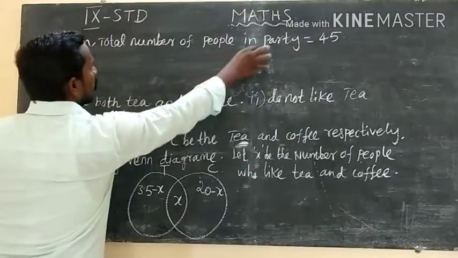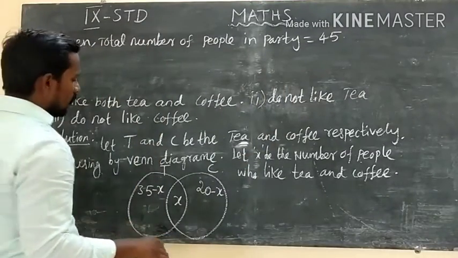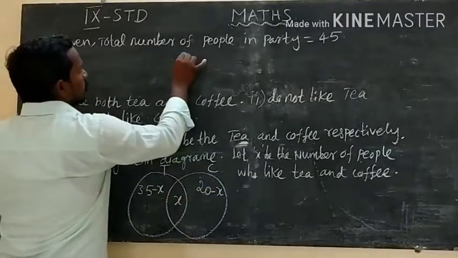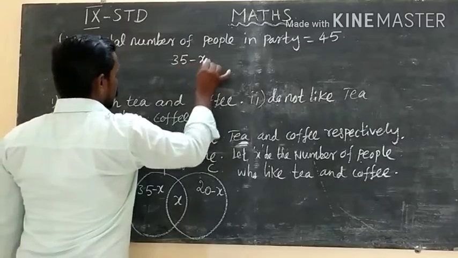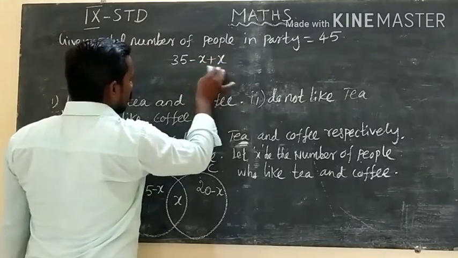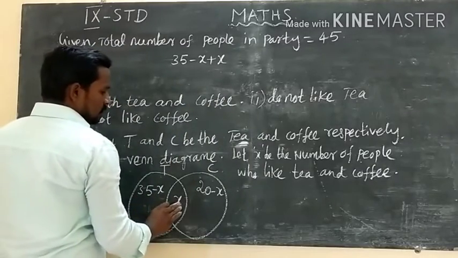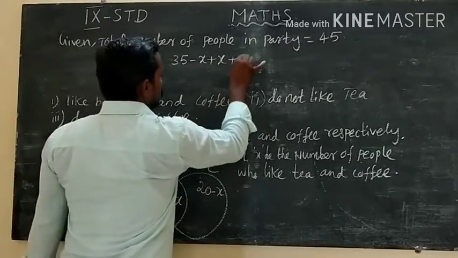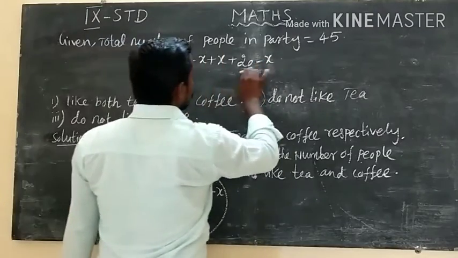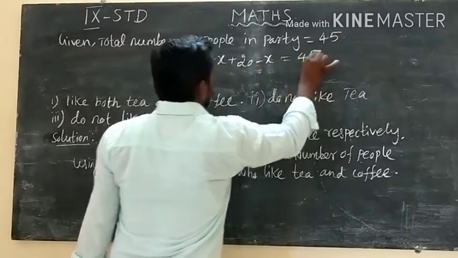So total number of people in the party means the total of all these values: 35 minus X, plus X, total means sum of the values, plus 20 minus X. This is the total number of party members, which is equal to 45.